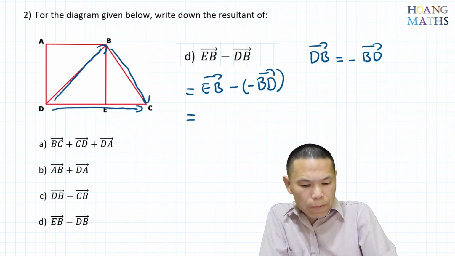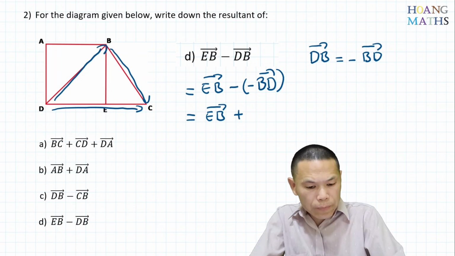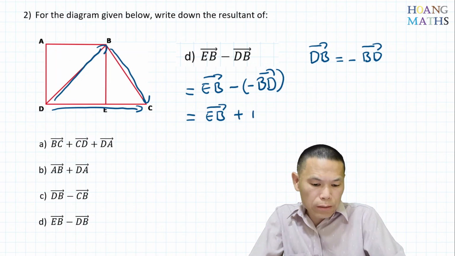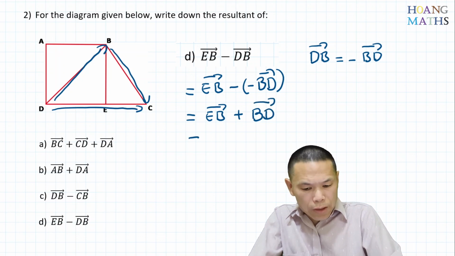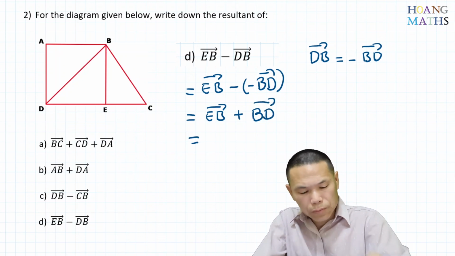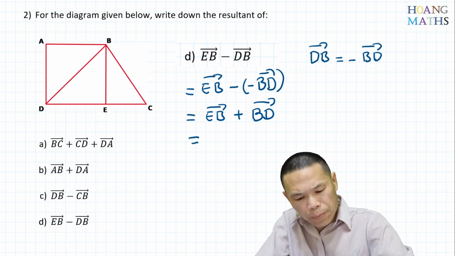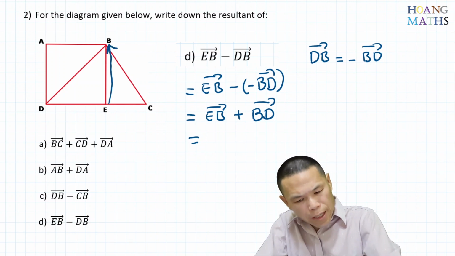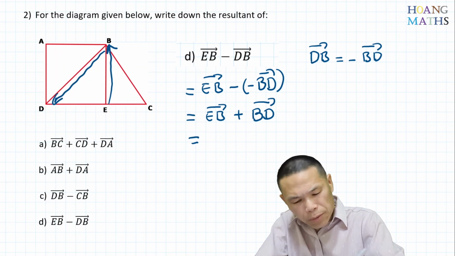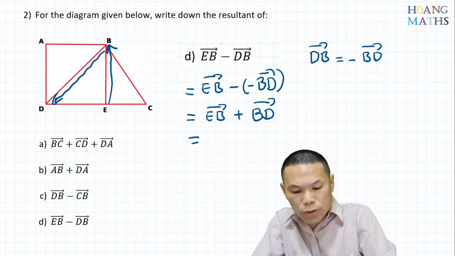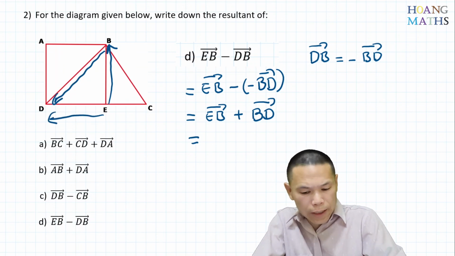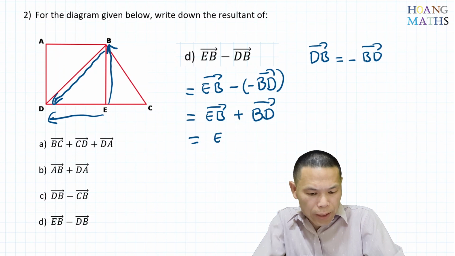So that will give me vector EB add vector BD. So we have vector EB here, and then we add this vector here, BD. Therefore the resultant vector is this vector here. So that is ED.